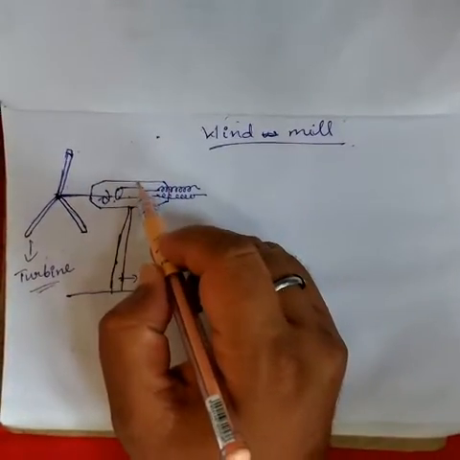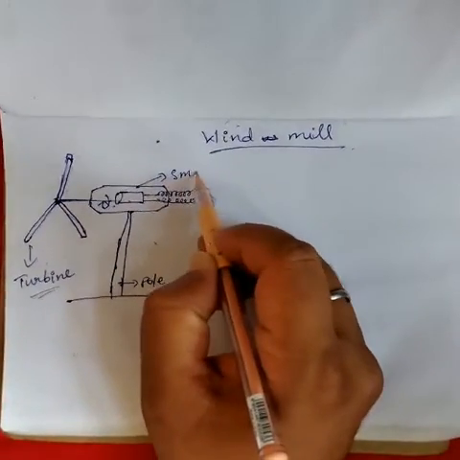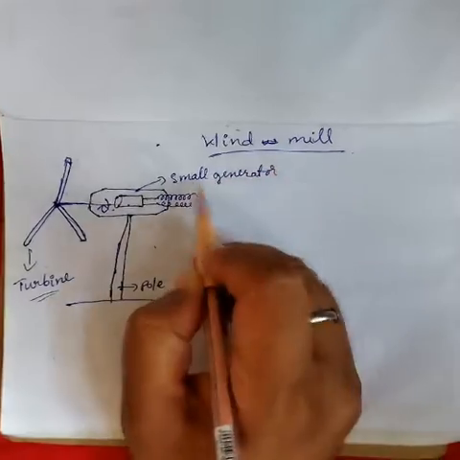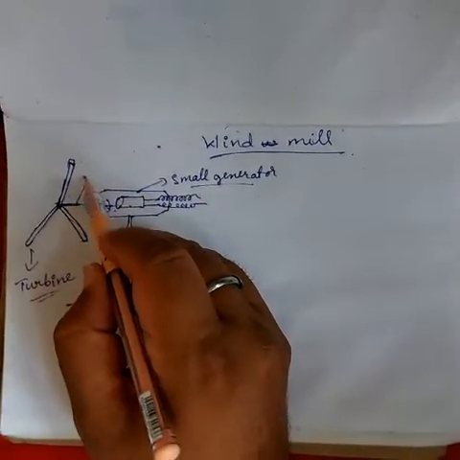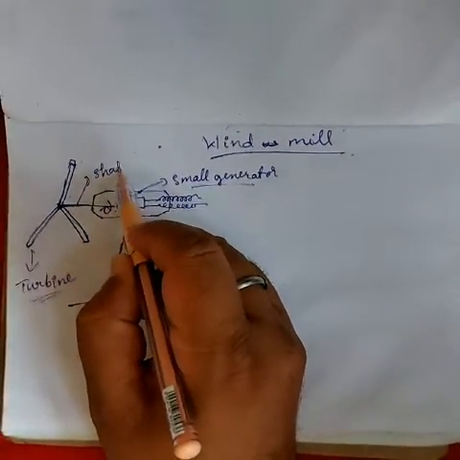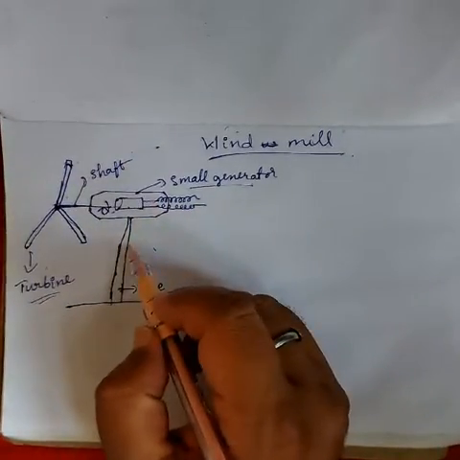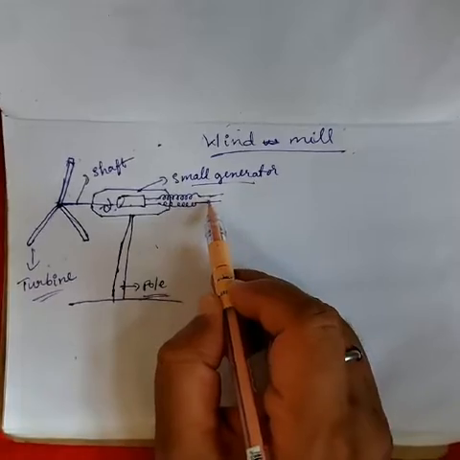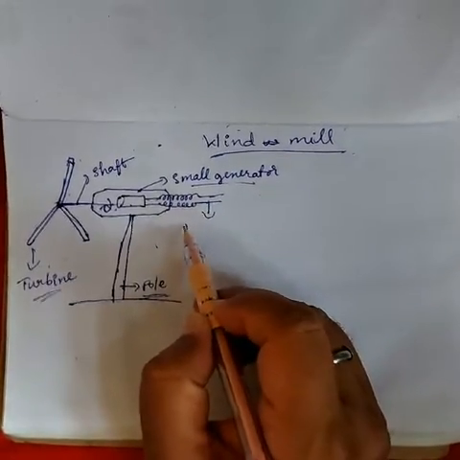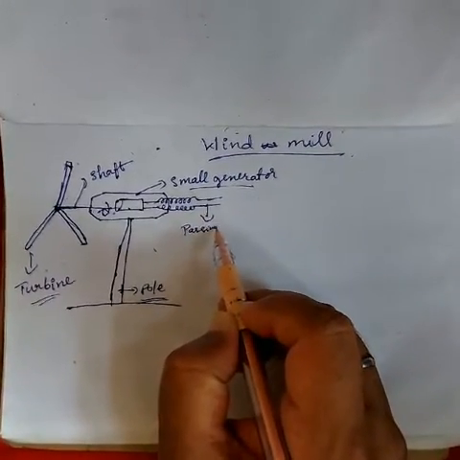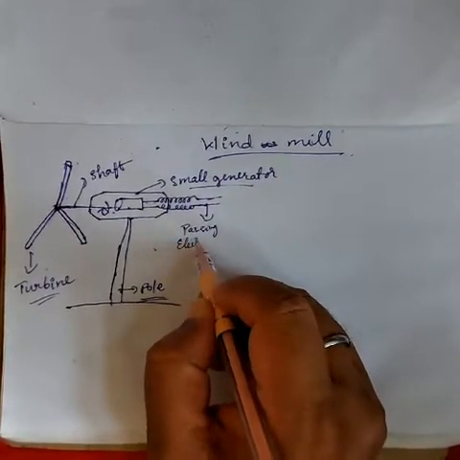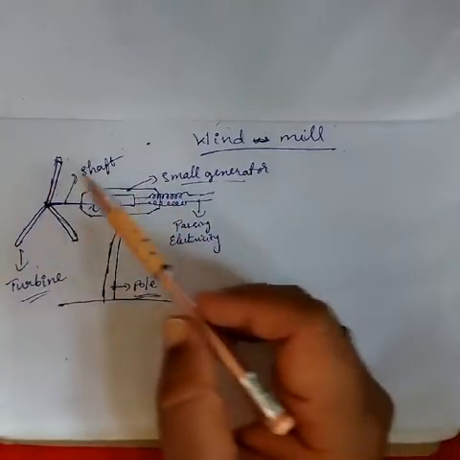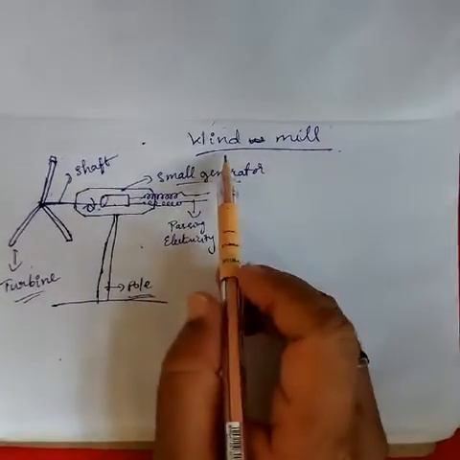This one is called a small generator, this one is called a shaft, and this is called a pole. And this is where the electricity wires pass. These are the constructions of a windmill.